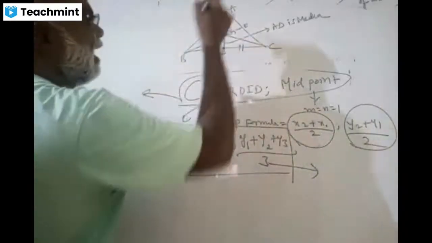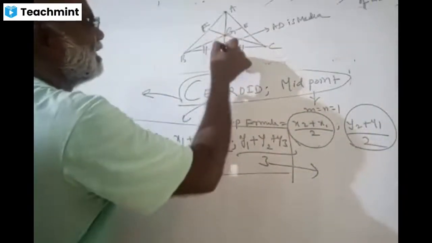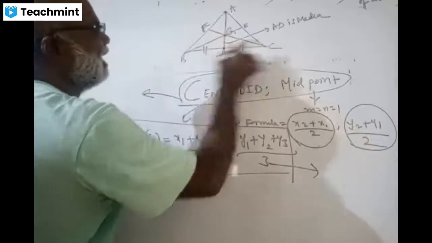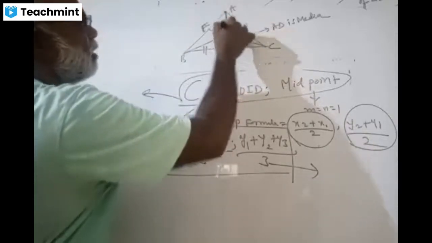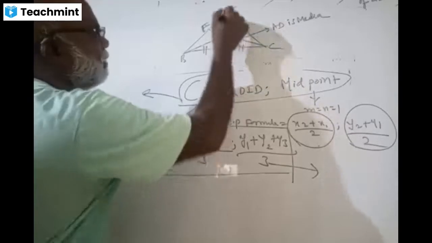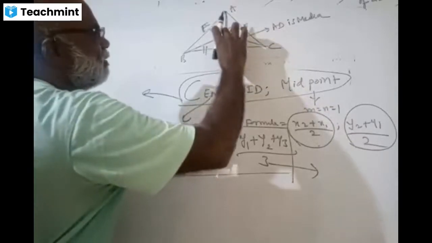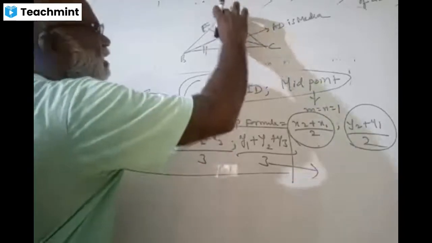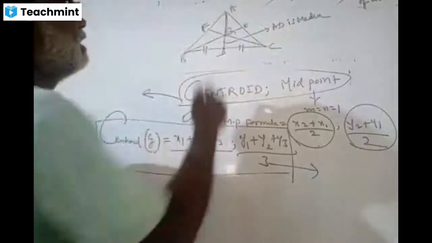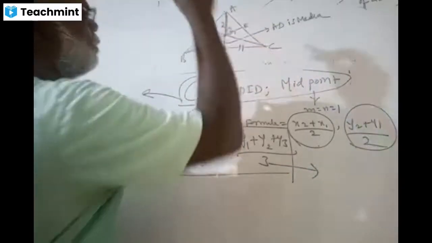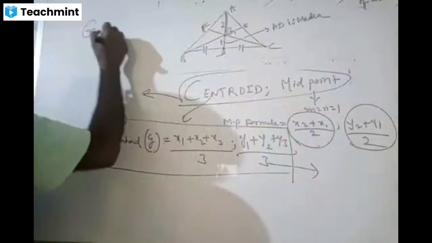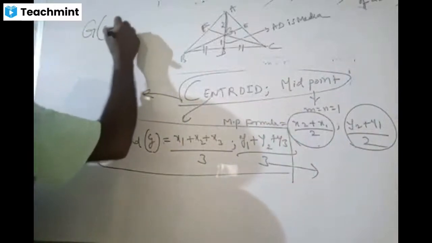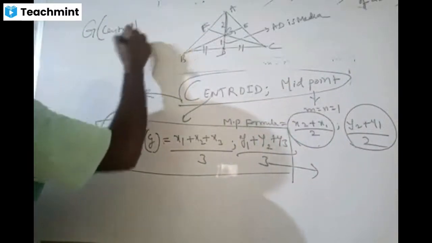G's distance from A is more than G's distance from D, on BC. From the vertex it is a longer distance than from the side. That's why this ratio is 2:1. Write down please, G is the centroid.